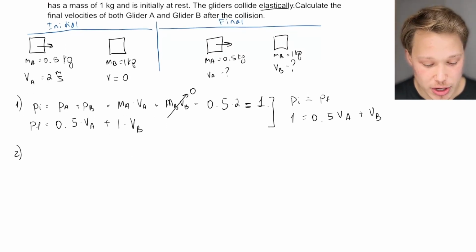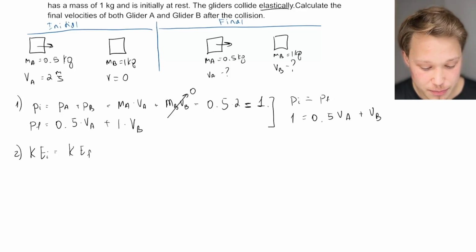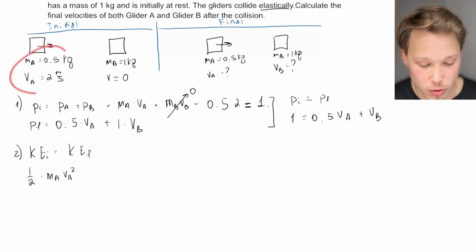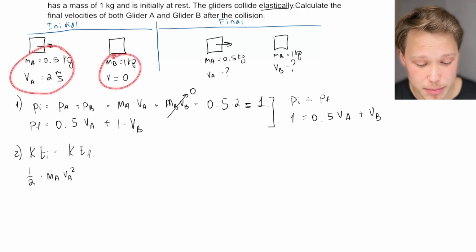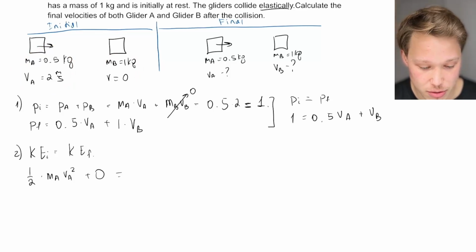The second part that we can do is set the initial kinetic energy equal to the final kinetic energy. Initial kinetic energy is going to be 1/2 mv squared. Remember that only A is moving, B is 0, so it's just going to be plus 0.